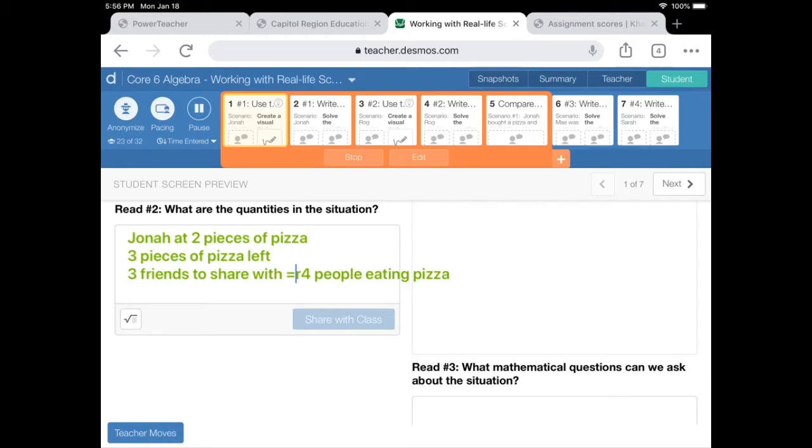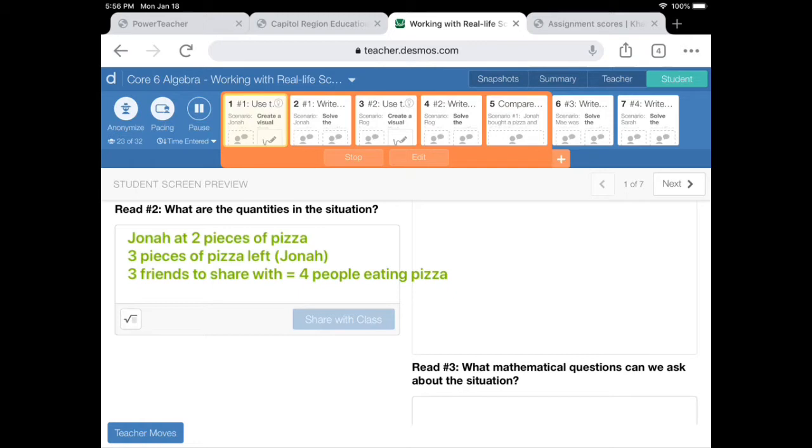So we have to remember that it's himself and 3 people, which gives us a total of 4. So that's a quantity that was in there, but not really explicitly said to us. And these first 2 quantities, Jonah ate 2 pieces of pizza, 3 pieces of pizza left, those are specifically about Jonah. So most of the problem is about Jonah eating pizza and not really about his friends.